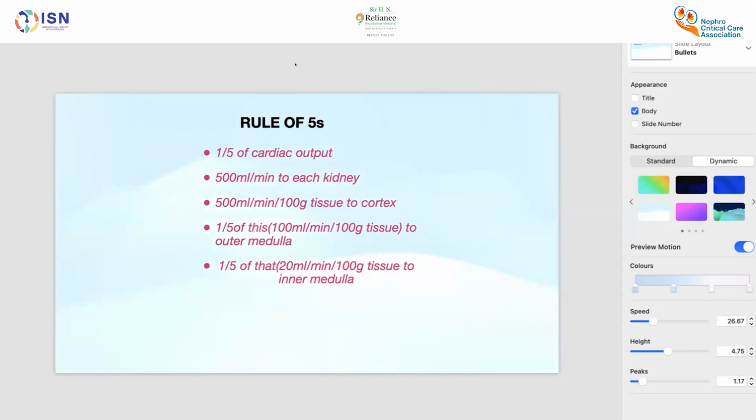But I just feel that nature always works in abundance. To put things in perspective, if you make 1.8 liters of urine a day, 1800 ml, the glomerular filtrate generated is 100 times that amount. It is 180 liters.